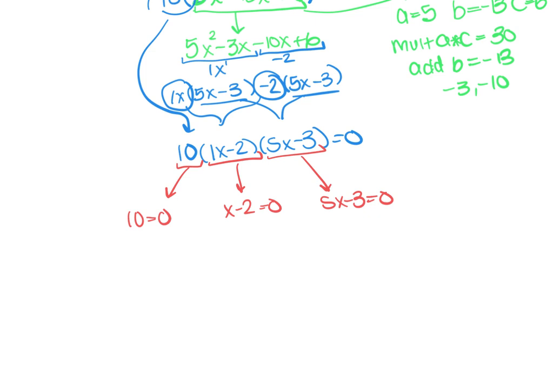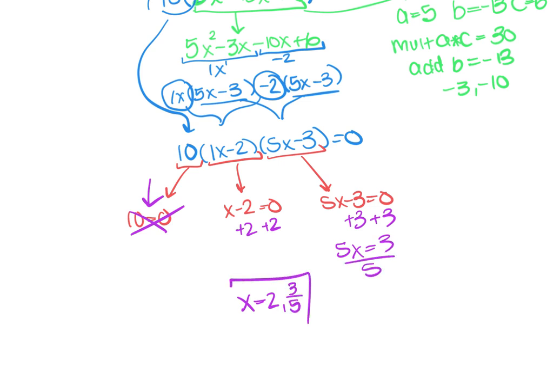So if we start here, we'll notice that 10 equals 0, there's no x value there, so this isn't going to be helpful at all. Here, we're going to add 2 to each side, so we have x is equal to 2 as a possibility. And then here, we add 3. We have 5x is equal to 3, divide that by 5. And our other option is 3/5.